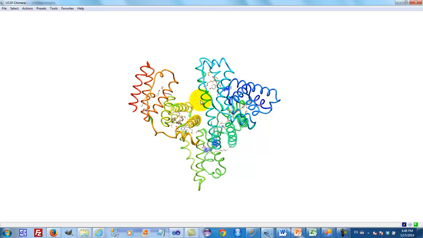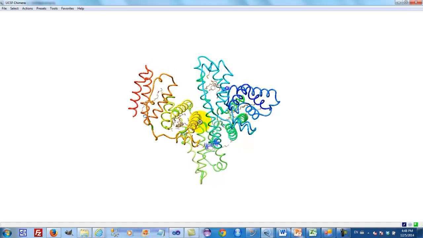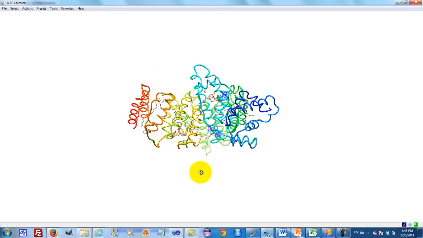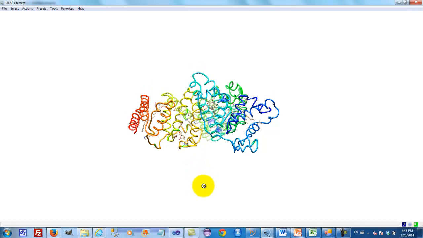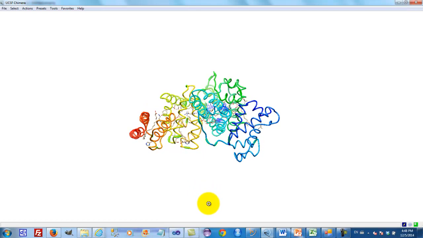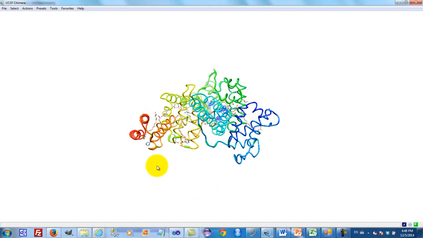So if we rotate this through 90 degrees, there you go. We're now looking directly down through the original bundle, and you can see in between the helices in this bundle, you can see the ligands binding between them.